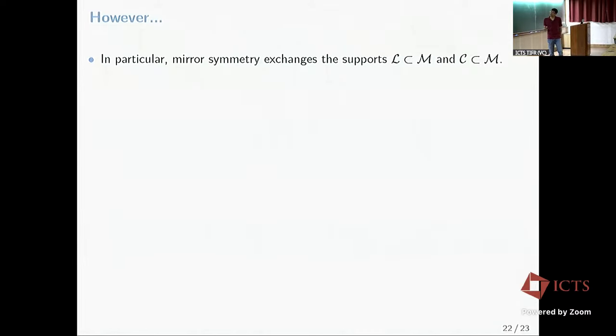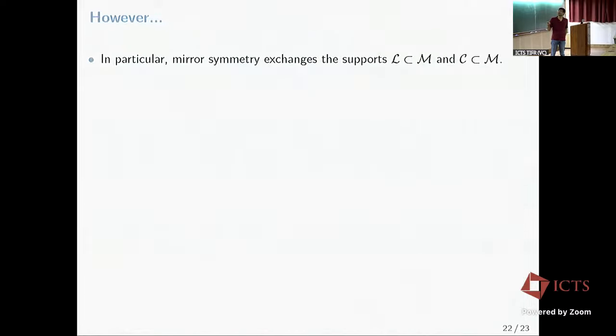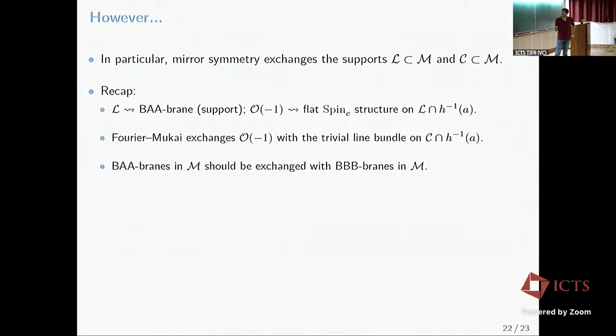So in particular, this also holds for the supports. The supports of our Lagrangian go to the support of this critical loci. So just to recap, our Lagrangian is a Lagrangian with a flat spin C structure. Fourier-Mukai exchanges this line bundle with the trivial line bundle here.